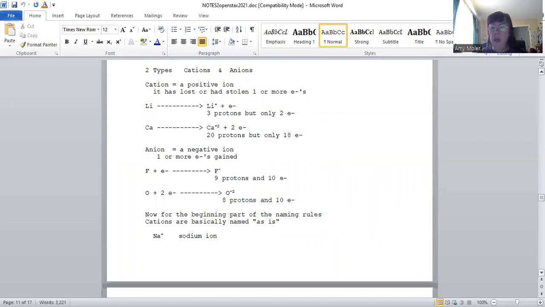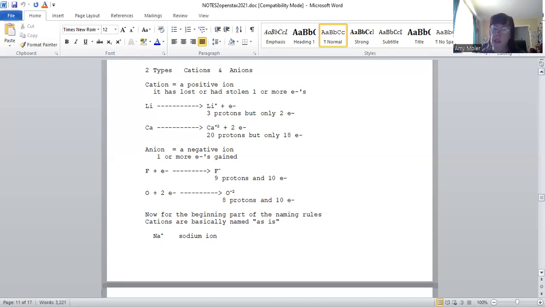If you have a lithium atom and you steal one of its electrons, so it still has 3 protons, but now that third electron is somewhere else, what it is doing is allowing that third proton to let its light shine through so that you can actually see the positive charge of that third proton.